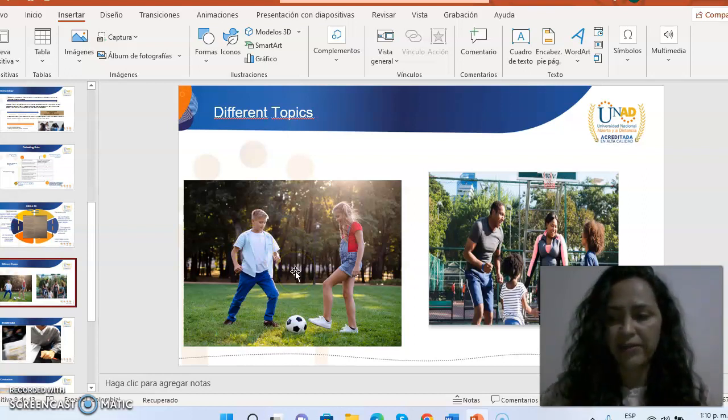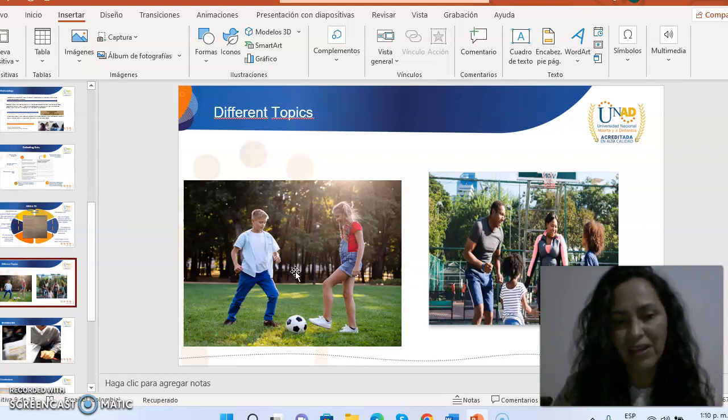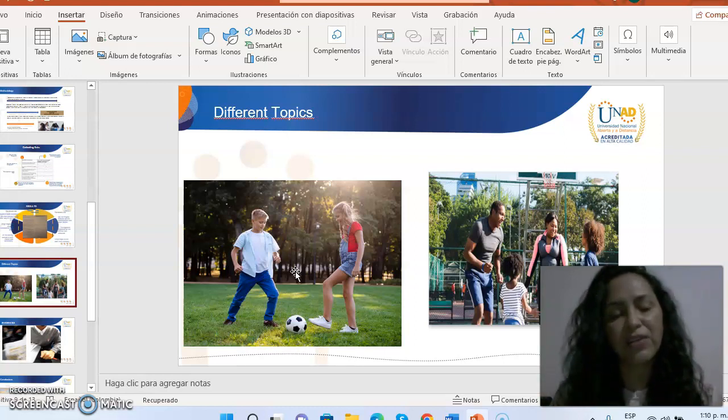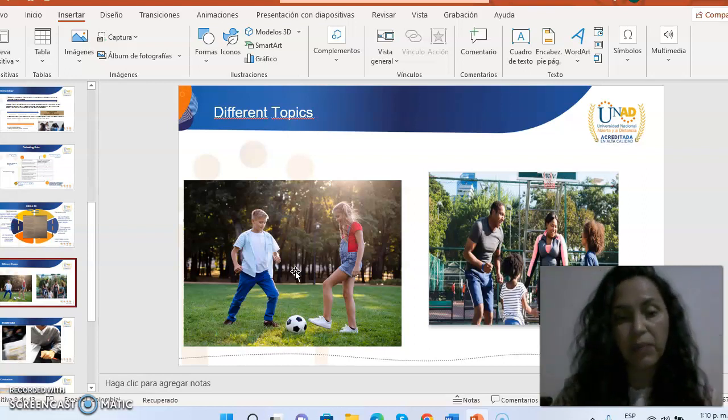What is important here is that you can see, remember, you can talk about how they look, at the right, at the left, in the background, at the top, at the bottom, for example. And what is your opinion about the image?